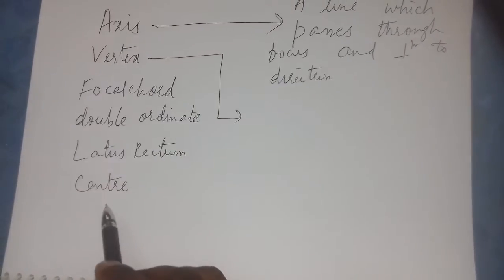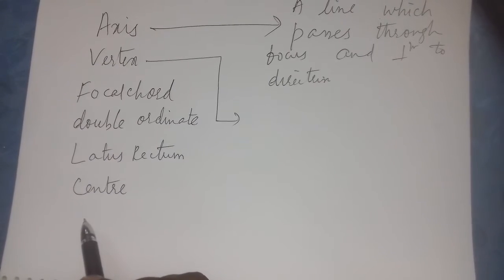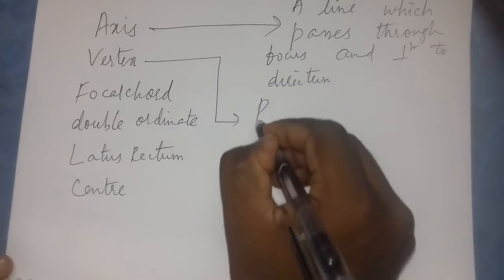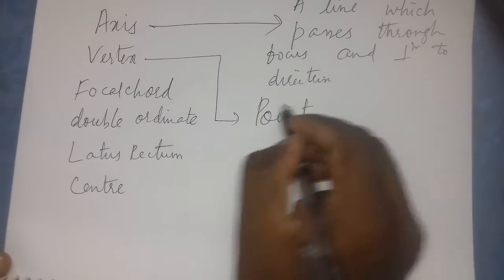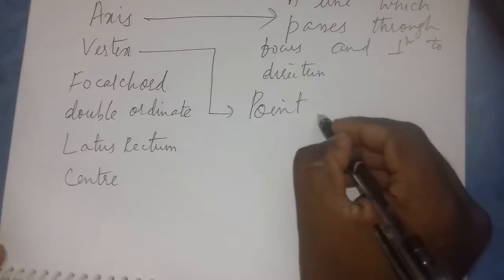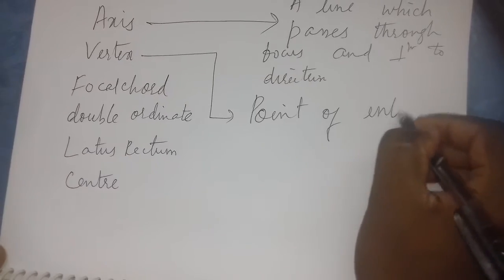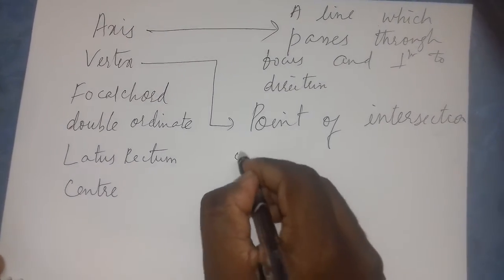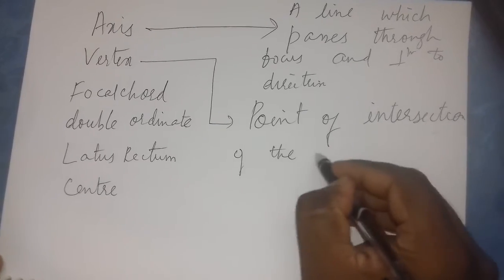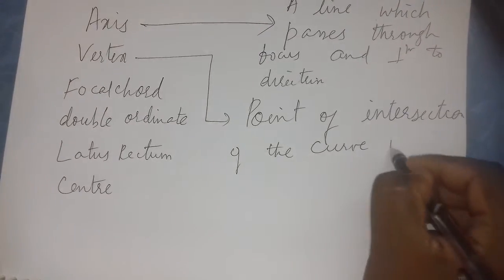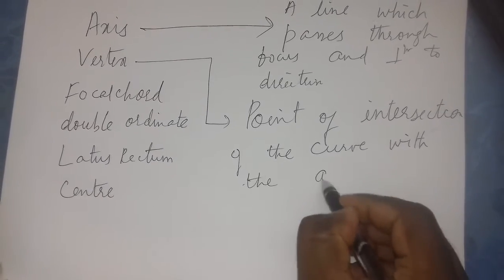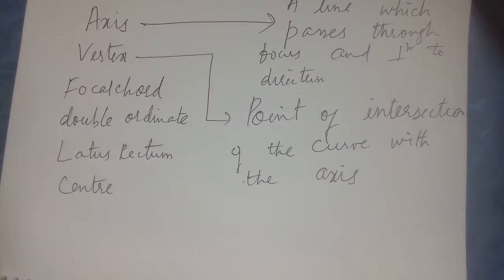Vertex is the point of intersection of the curve with the axis, right?